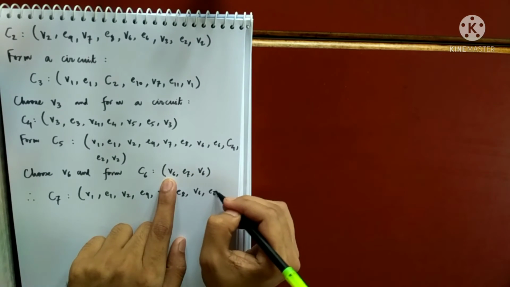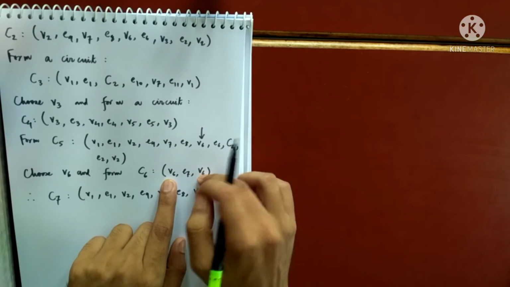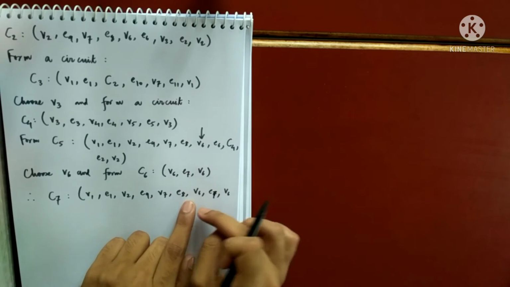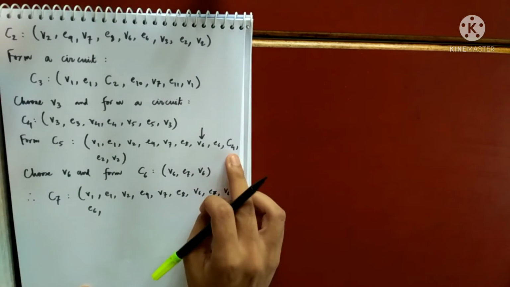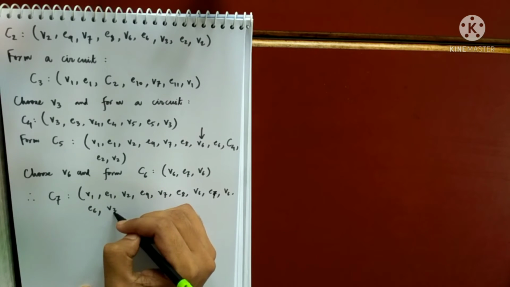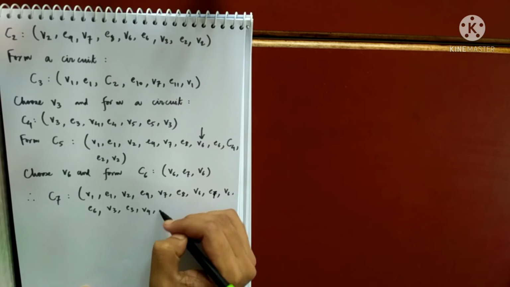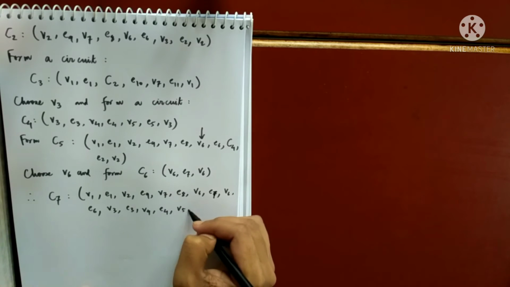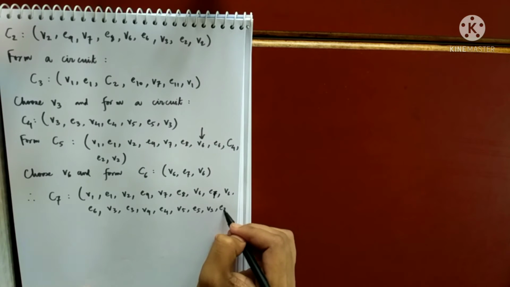So V6, E7, V6. So instead of V6, I will write C6. And again I will continue from here. That means E6, and I am supposed to write C4. That is V3, E3, V4, E4, V5, E5, V3. This is C4, and then E2.